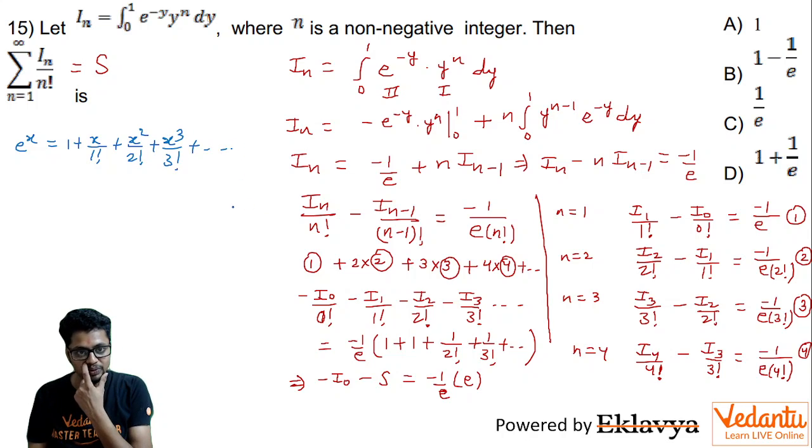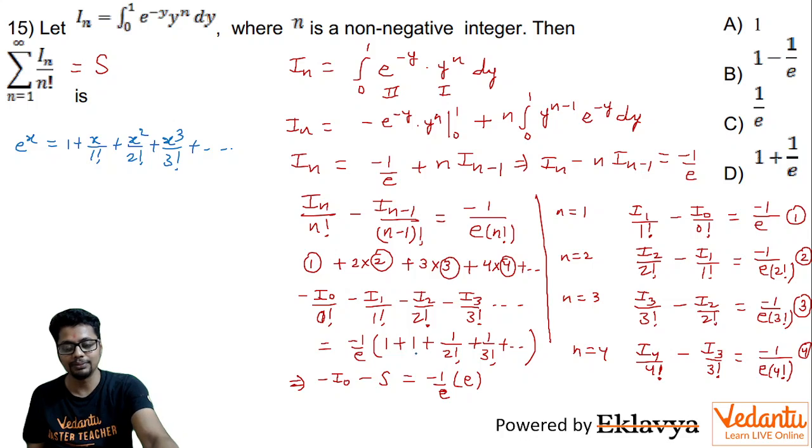Now when you put x to be 1, you get 1 plus 1 by 1 factorial, which is essentially 1 again, plus 1 by 2 factorial plus 1 by 3 factorial, infinitely many terms, mind you. So this is e to the power 1 only.